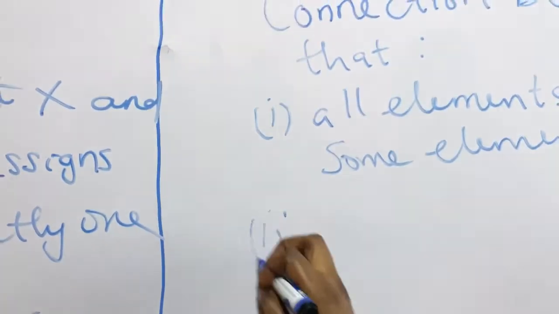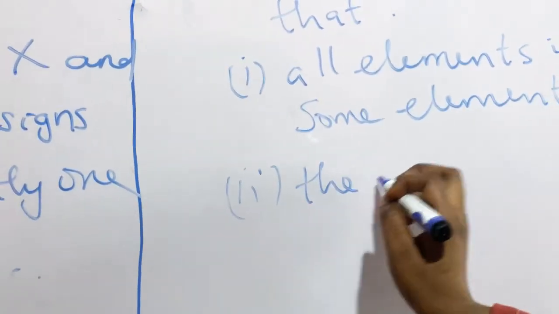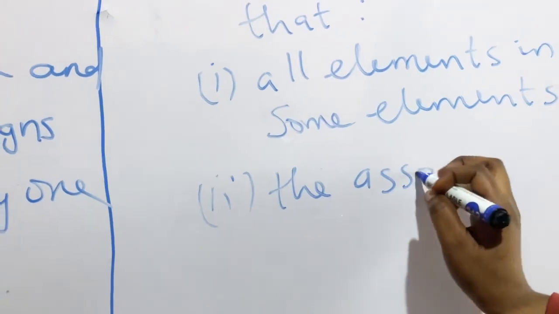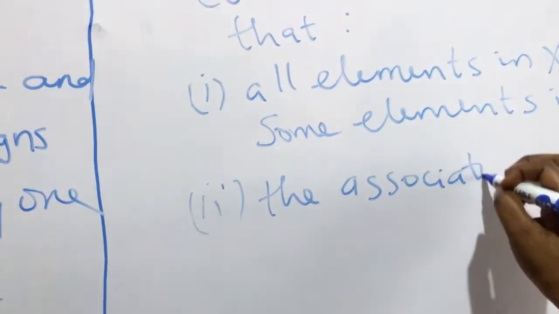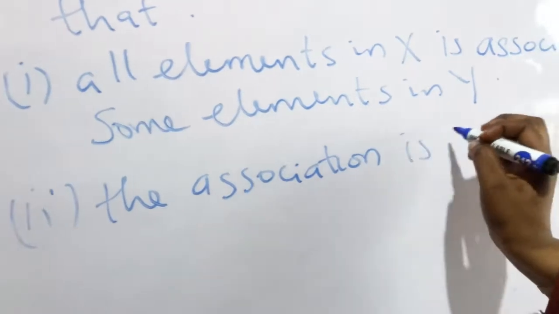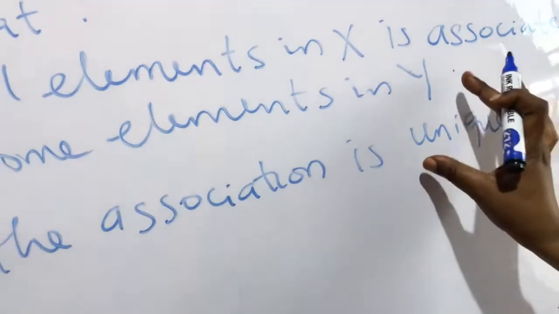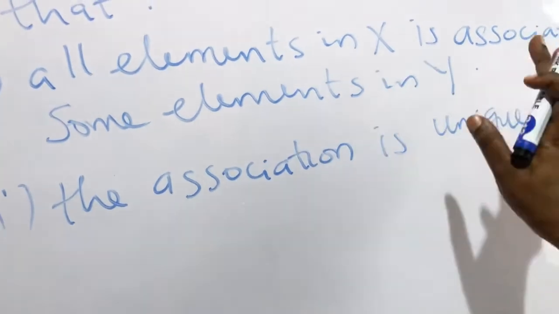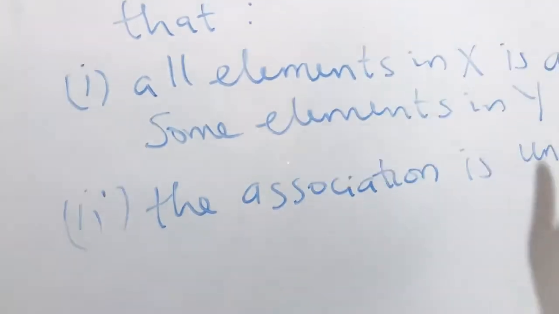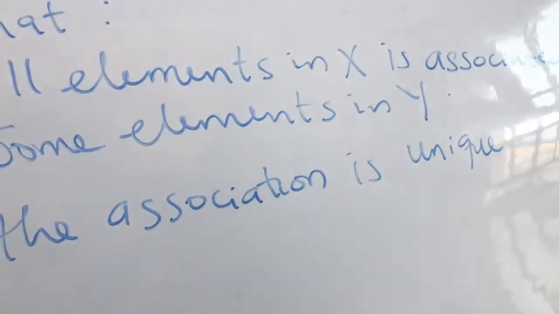The association or the connection is unique. That is the meaning, that it must be exactly one solution. One x goes to one y.